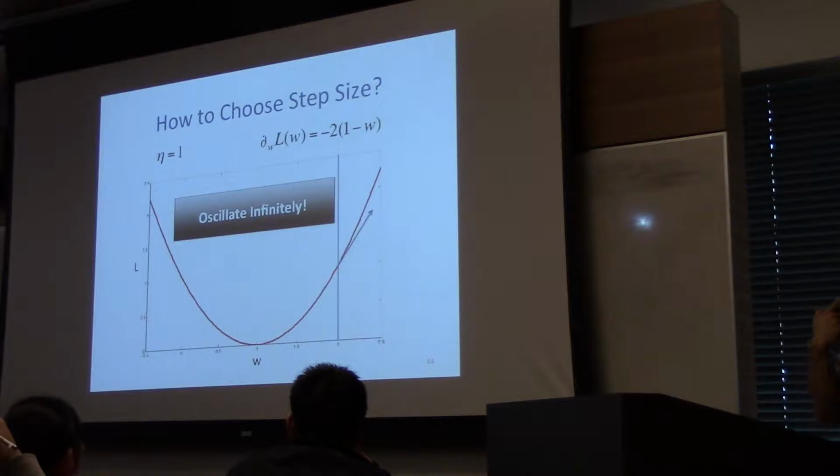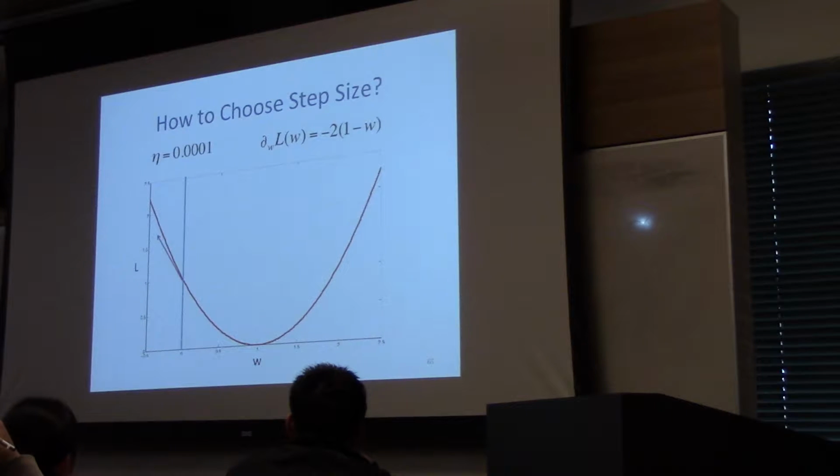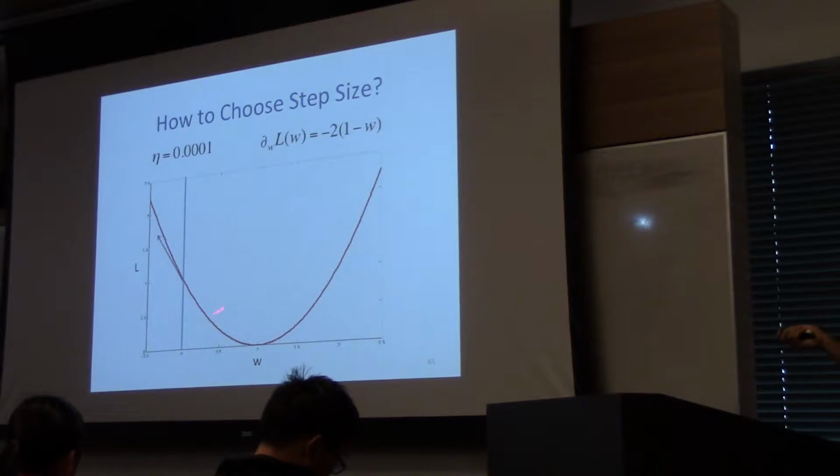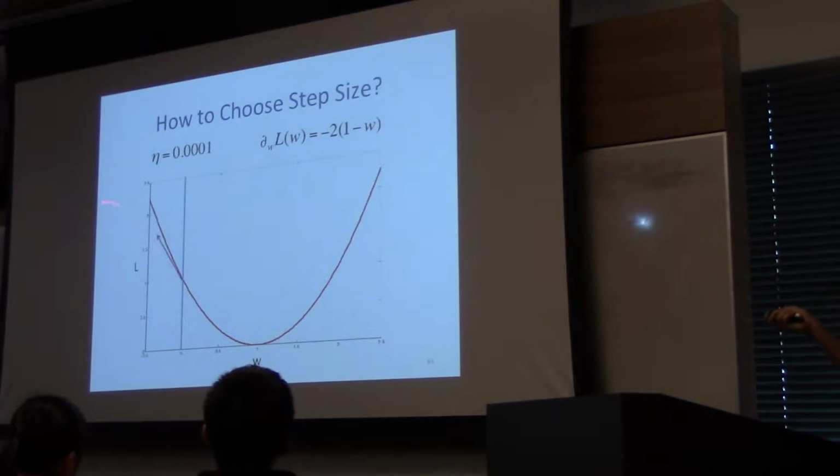Okay, that's bad. Let's try another step size, something really, really small. This animation is not to scale, but qualitatively, what happens is you start with 0, you want to make a gradient update, negative in this direction, but scaled by a very small number. So you go like this. Then you do another update.